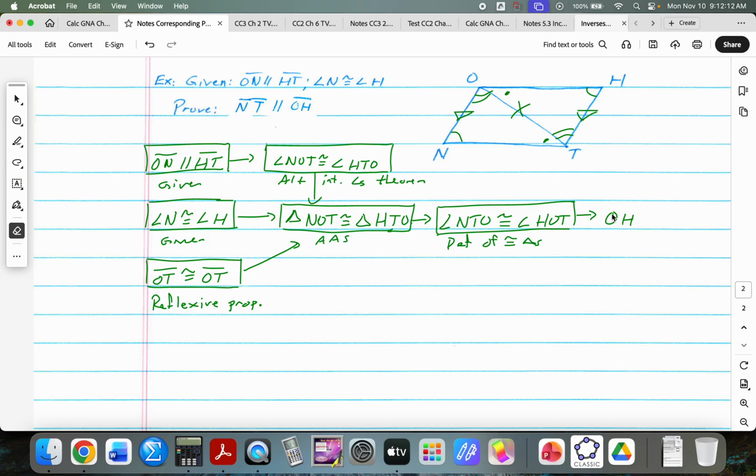NT is parallel to OH. By the converse of the alternate interior angles theorem.